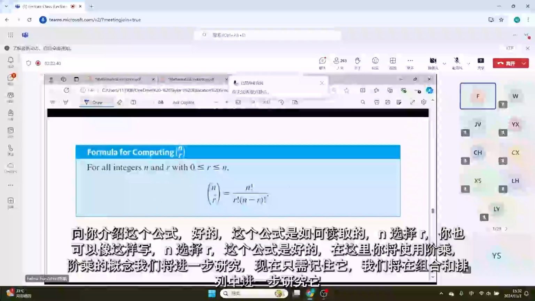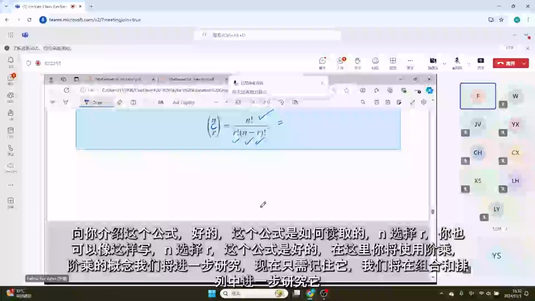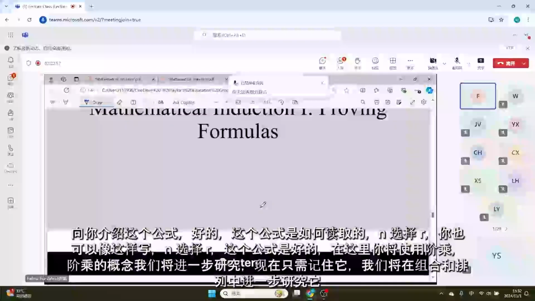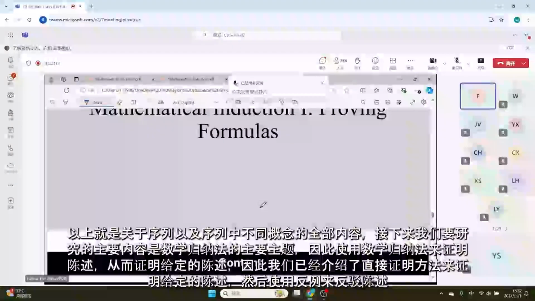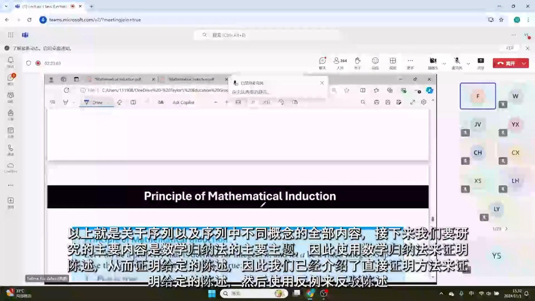N choose R. You can also write it like this, and the formula for that is this. Here you will be using the concept of factorial. For now just keep it in mind. We'll study more about it in combinations and permutations. So this was all about sequences and different concepts in sequences.